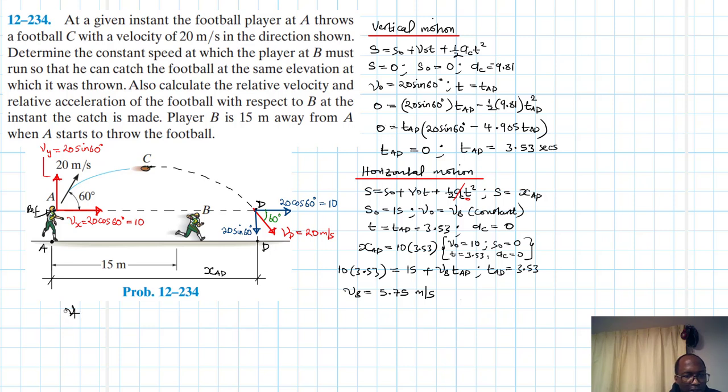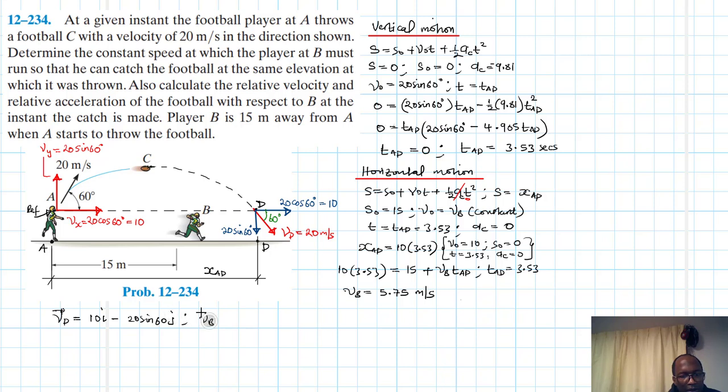So our v_D, writing it as a vector, is just equal to 10i minus 20 sine 60 j.